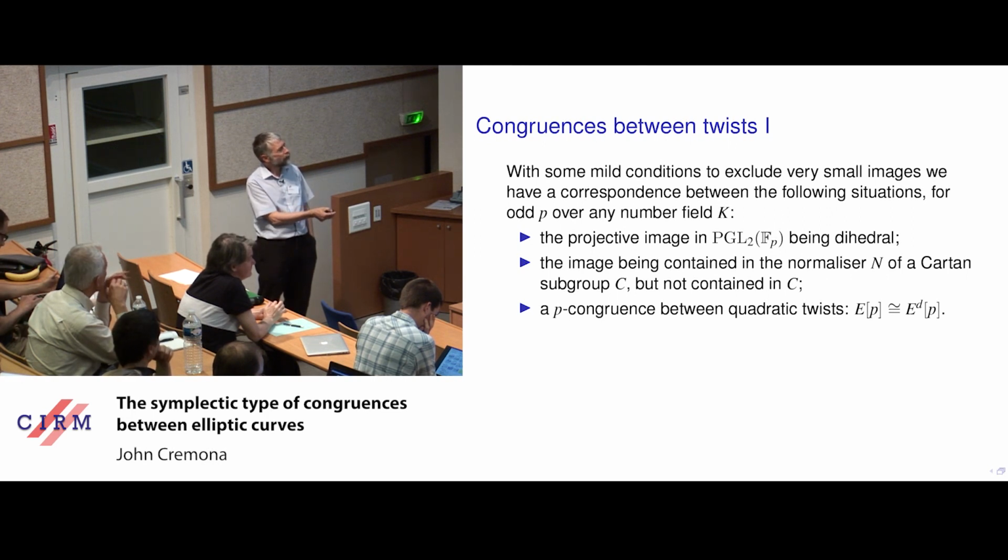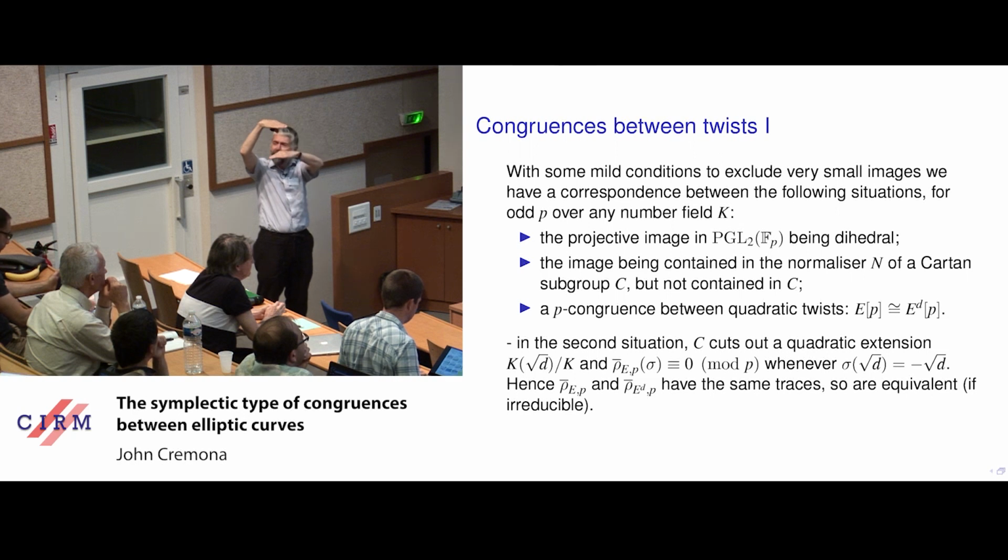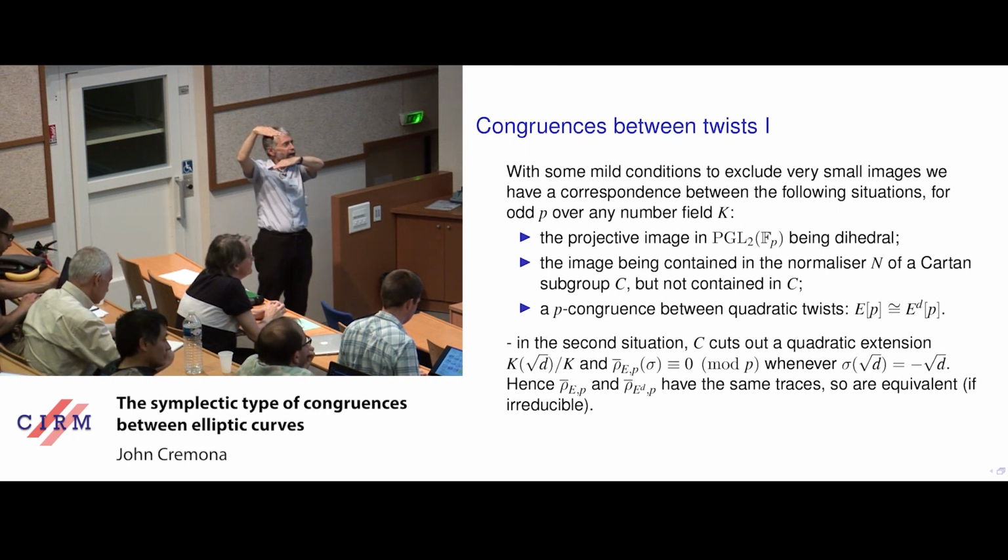But it actually works both ways as well: if you have a congruence between quadratic twists and you apply just a few mild conditions on top, then in fact the image is contained in the normalizer of a Cartan. So these two, with some mild conditions that ensure that the image isn't too small, are equivalent. So this is how it works. Your image is contained in this Cartan subgroup normalizer, and so it has a subgroup of index 2, which is the intersection with the Cartan. And all the matrices in the normalizer of a Cartan that are not in the Cartan itself all have trace 0.